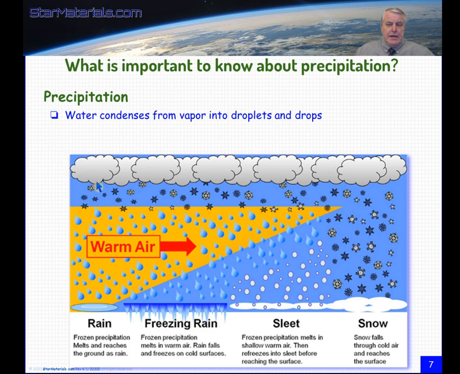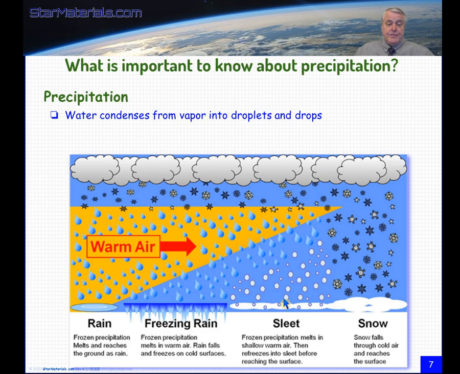And so we have rain that comes down as liquid and stays that way. We have freezing rain that comes down as liquid, and then as soon as it hits something that it can give up the heat to, it becomes a solid, and that's freezing rain. So we got all warm air and cold air. Now we have a little bit of warm air and a lot of cold air.